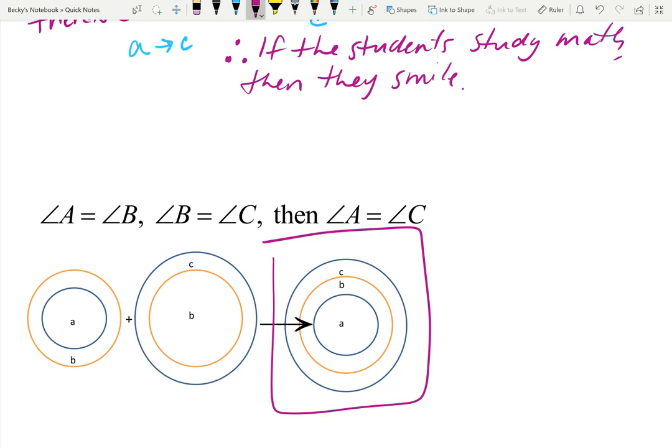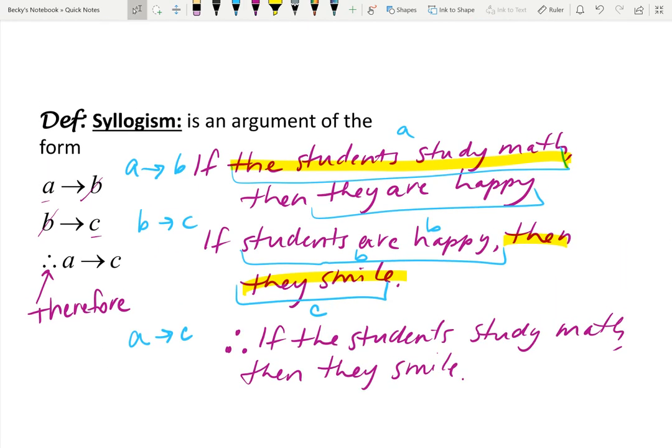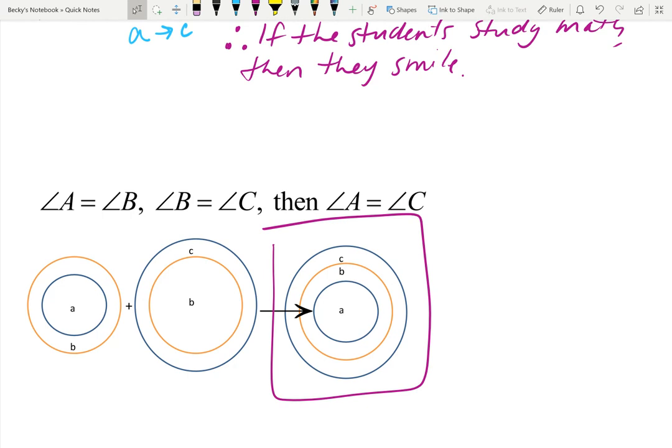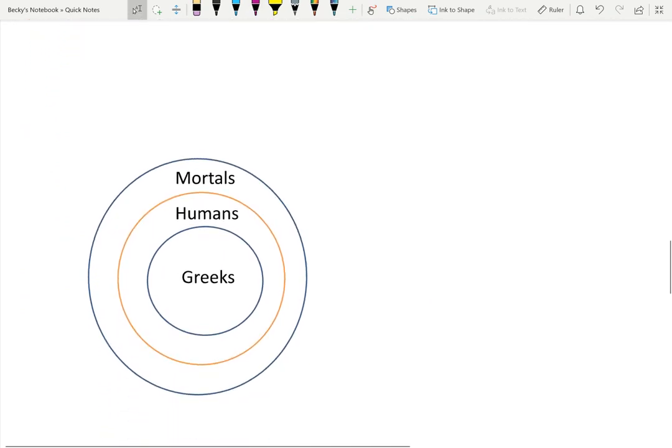What these multiple circles represent is a syllogism, and a syllogism is a type of direct proof. Remember, you work from the inside out. So you would go from A to B, B to C, and then A to C as your final step. Now, if I had more circles than that, then you would just continue the pattern, and it's pretty easy to do. So here's a quick example.